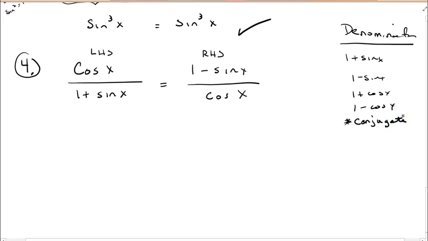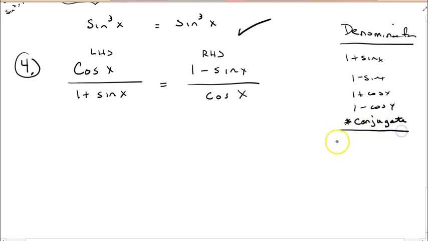Conjugates are these kind of cool things because when you multiply a binomial, meaning two terms, by its conjugate, you get this nice little binomial with the terms squared. So for example, what is a conjugate?